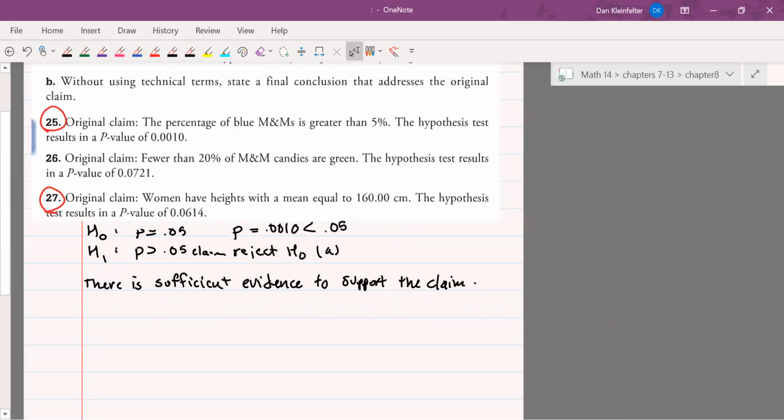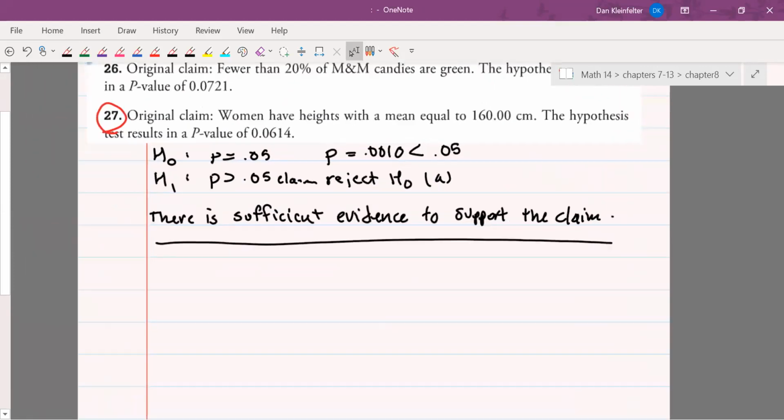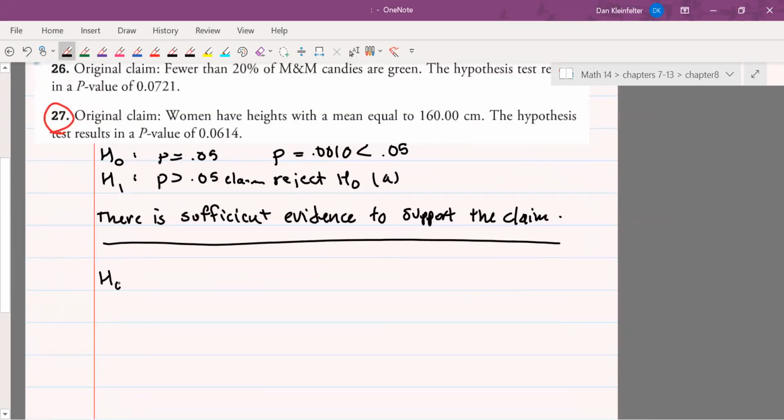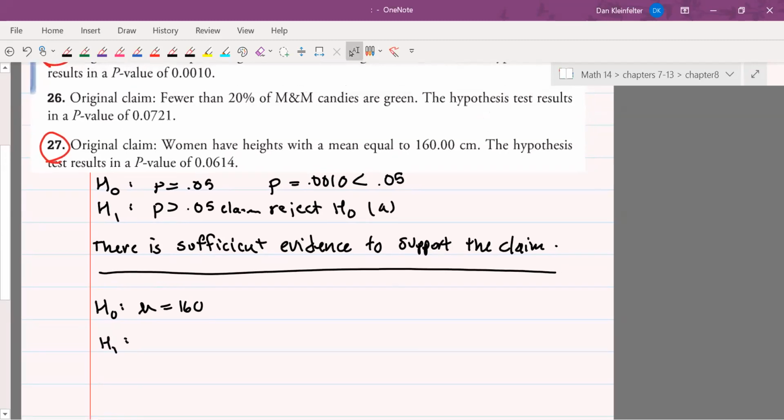27. The original claim is that women have heights with a mean equal to 160 centimeters. So the claim is that the mean is equal to 160 centimeters. The alternative then is not equal to, right?